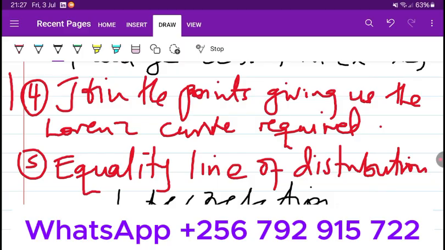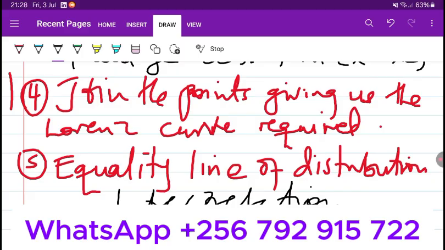Of course, the aim of a Lorenz curve is just to show how the total value of the measurement of some economic variables is shared among the items that are involved. That is the basic fundamental aim. We try to look at, are these resources shared equally among the different participants? It is just to tell us if they are equally shared or not equally shared.